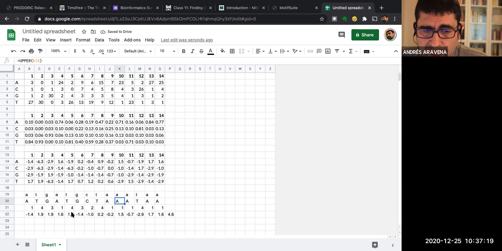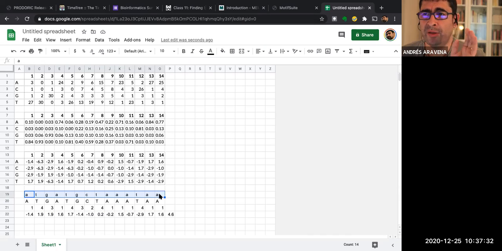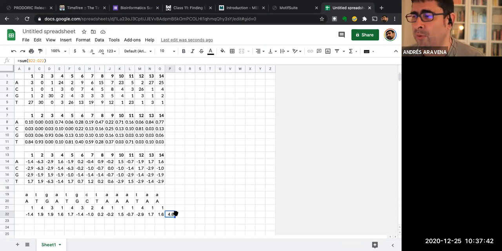And the point is that when you get a genome, you are taking the first 14 letters here, and then the second, and the second, so you're essentially doing the same operation that we are doing here through all the genome and getting different scores. And the higher scores are the ones that look more probably like a binding site.